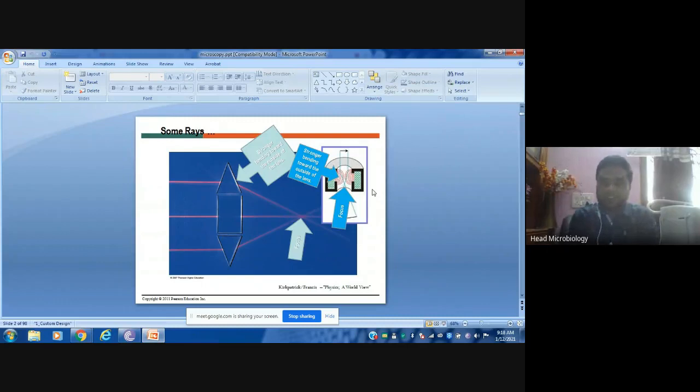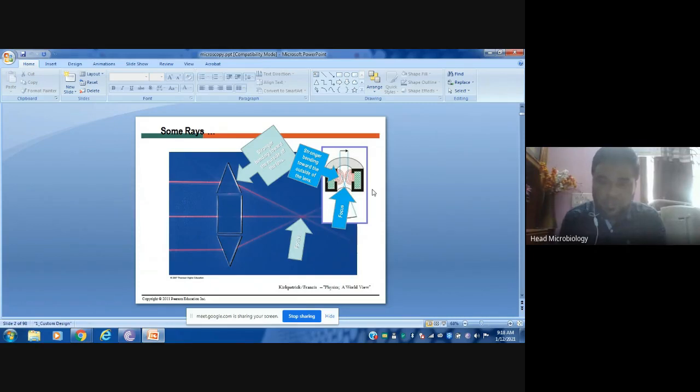So in between these strong magnets, what happened? The electronic waves that are there are localized in between the two magnetic poles.